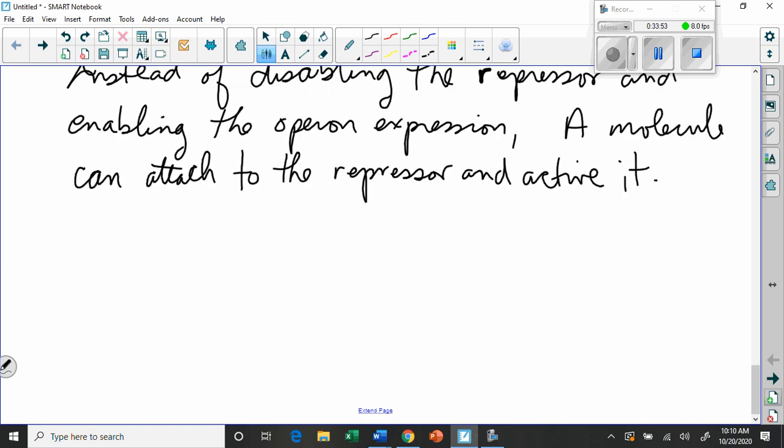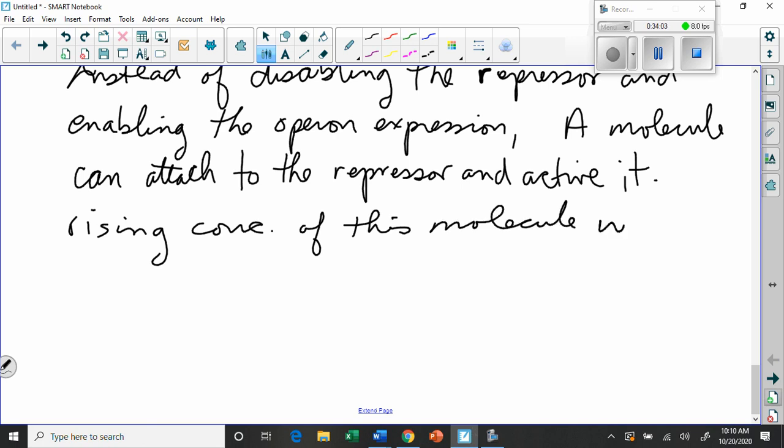So rising concentrations of this molecule would shut off the gene expression.